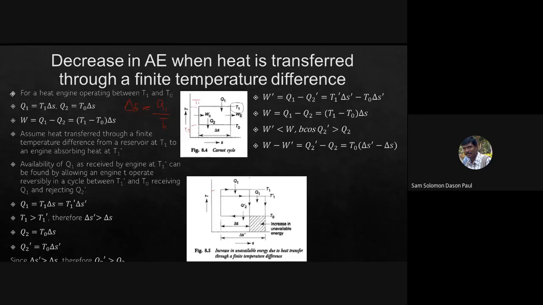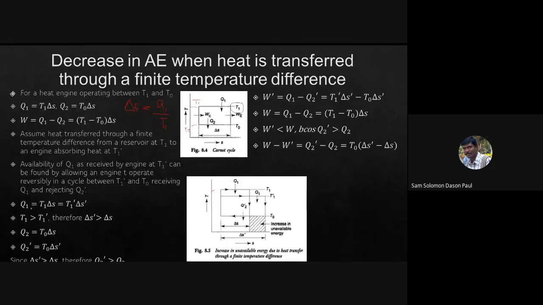Now we are coming to figure 8.5. Q1 is the amount of heat supplied to the engine that runs between T1 dash and T0. The second point is Q1 is the amount of heat that has been transferred due to the temperature difference between T1 and T1 dash.